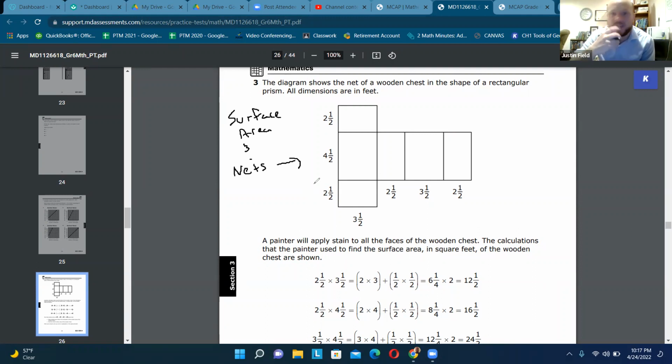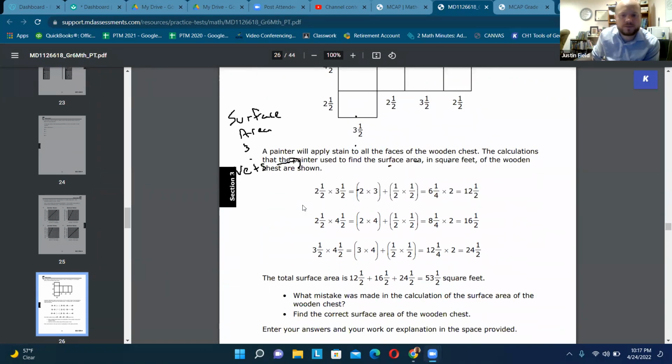All dimensions are in feet. Okay, so what are we trying to do? Find the area of all these faces. A painter will apply stain to all the faces of the wooden chest. The calculations that the painter uses to find the surface area in square feet are shown.